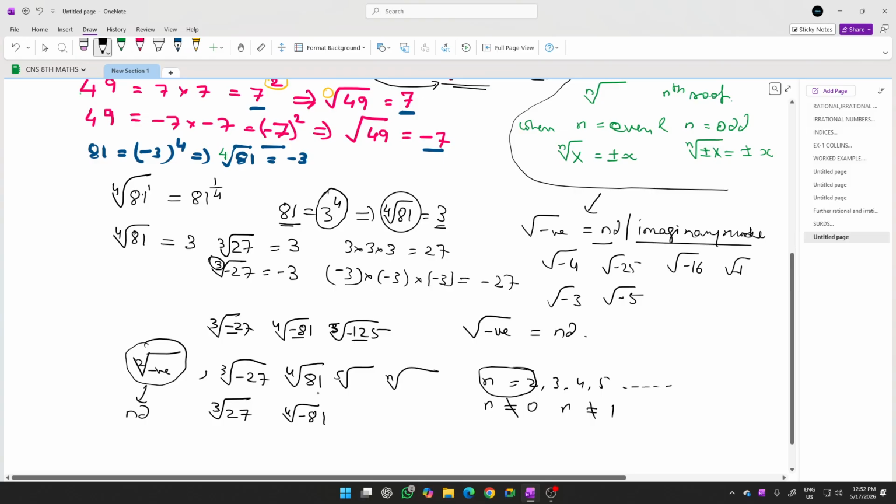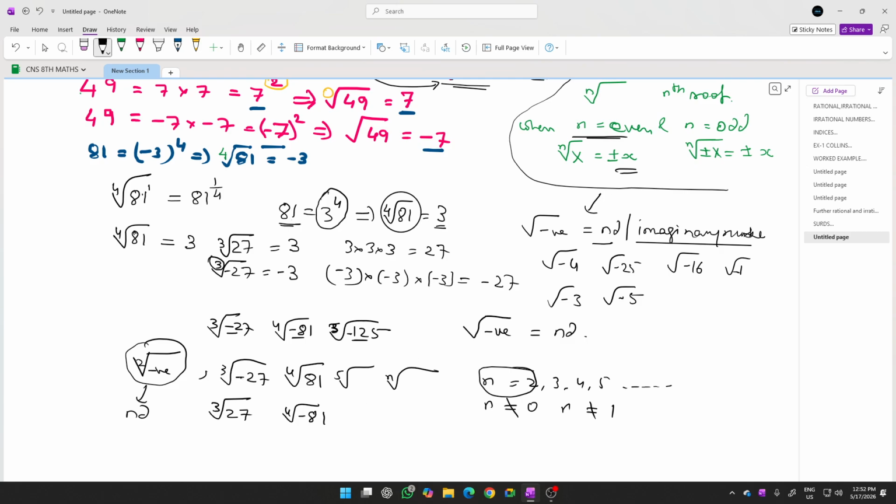Let us check what happens. That is what I have written. If n is even, then the nth root of any number will be plus or minus. And if n is odd, then also the nth root will be plus or minus. So it is possible. Let us find the value of this.